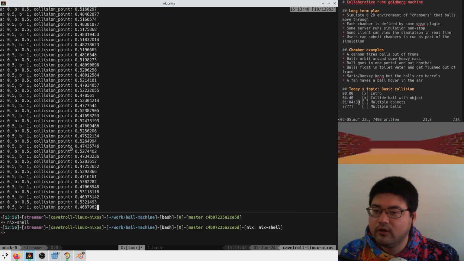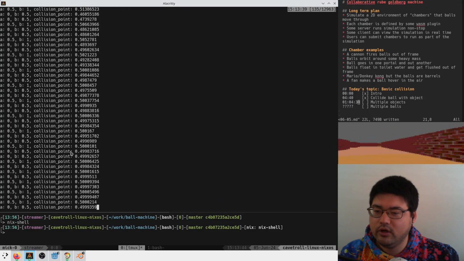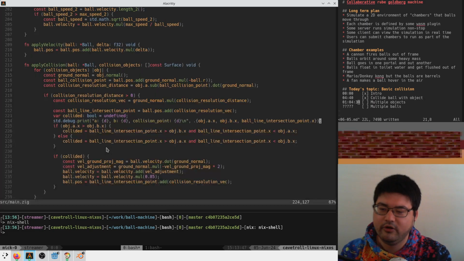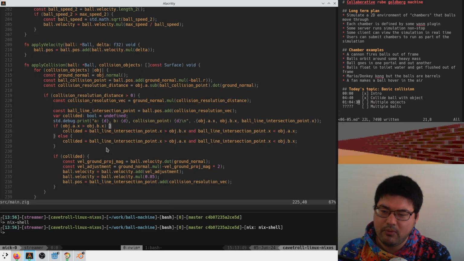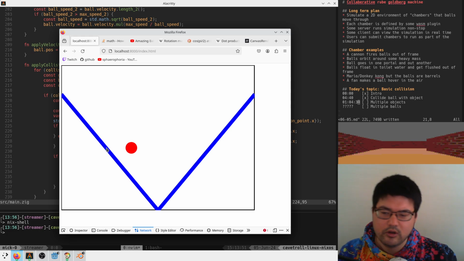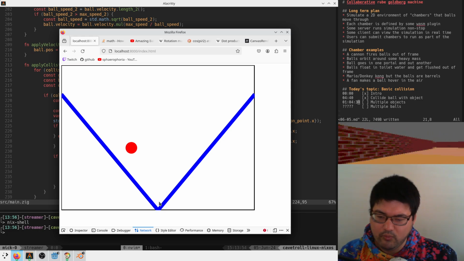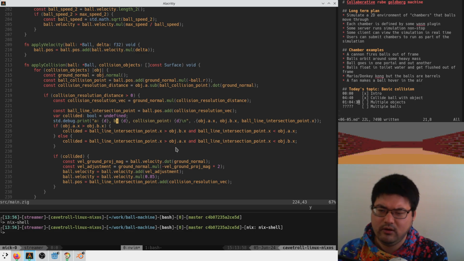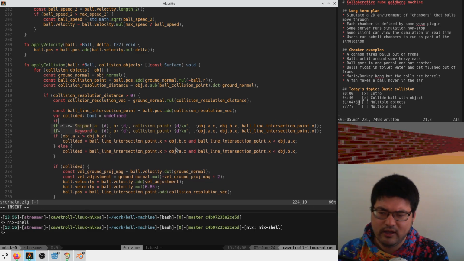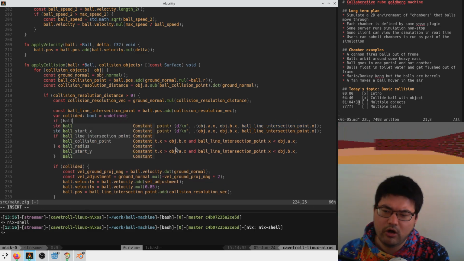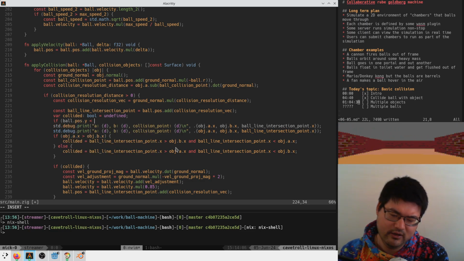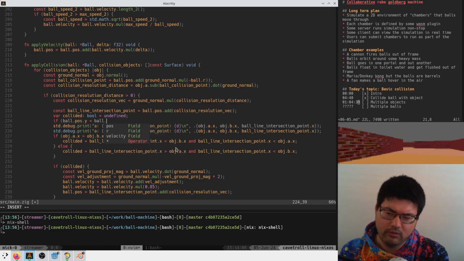Okay. Maybe we want to log. Surely we should be able to tell when this happens. So it's if the ball pause y is less than ball pause r.